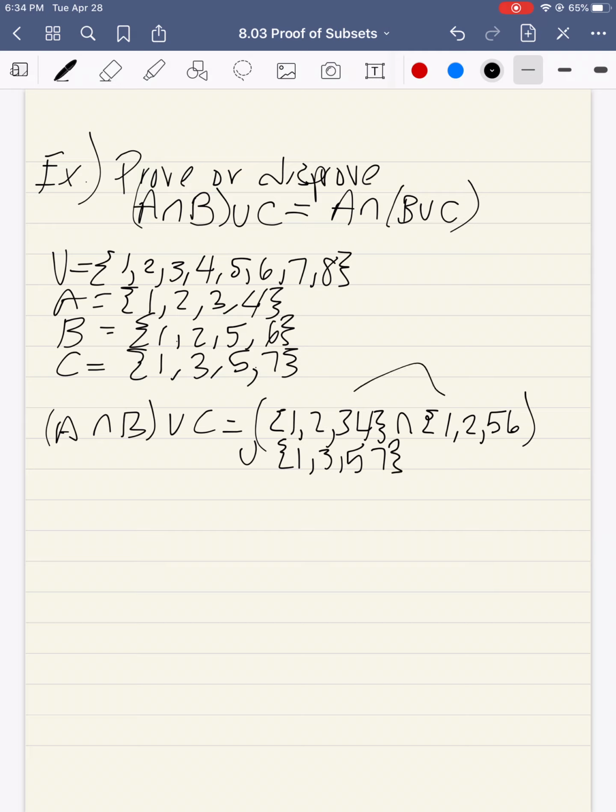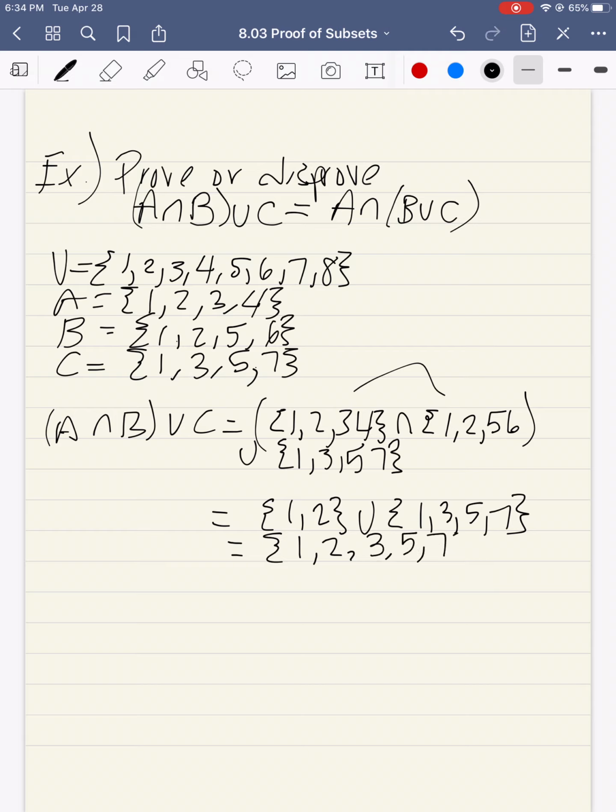So let's first do this intersection here. So the intersection would be the set containing 1 and 2, union with the set containing 1, 3, 5, and 7. So the final set here would just be 1, 2, 3, 5, and 7.